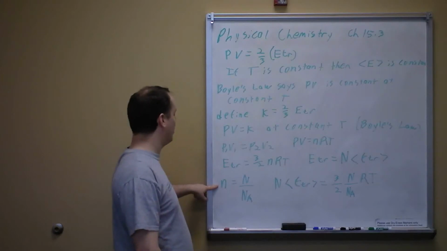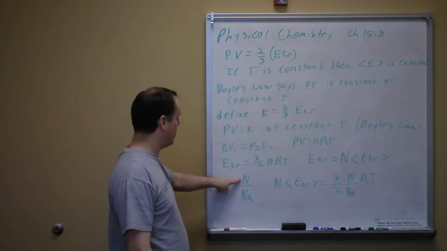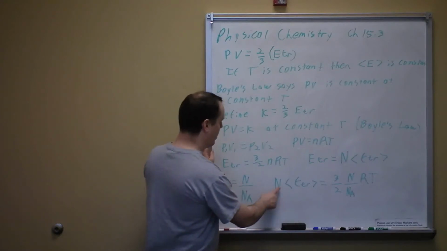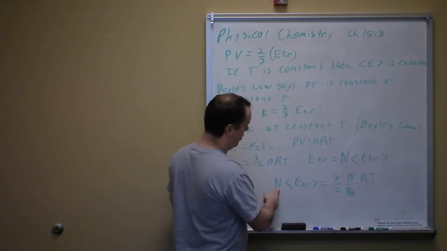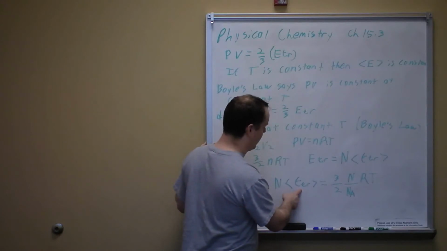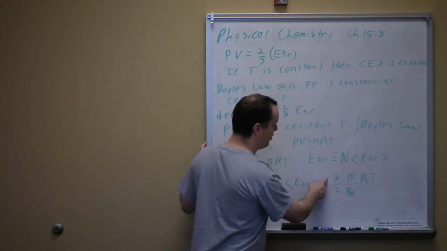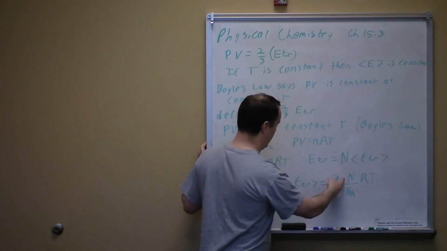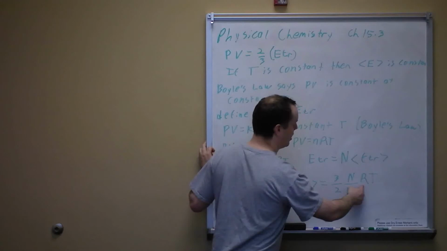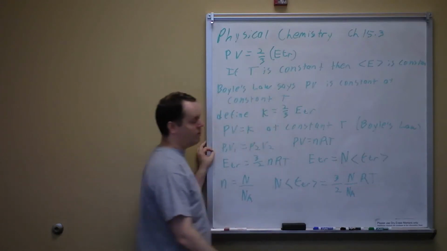Now remember, n, the number of moles, is just the total number of molecules divided by Avogadro's number. So we can say that the total number of molecules times the average energy of translation for one molecule is equal to 3/2 times the total number of molecules divided by Avogadro's number times the gas constant times the absolute temperature.